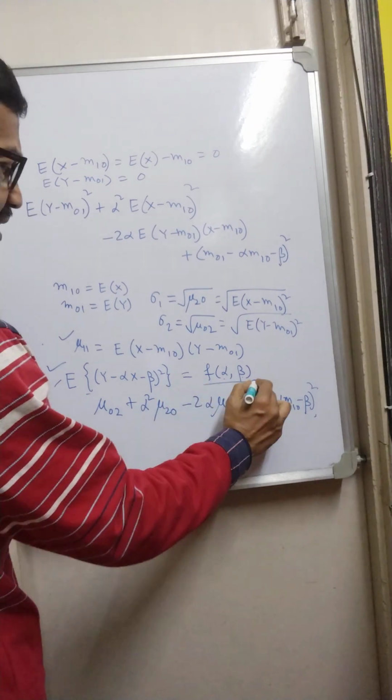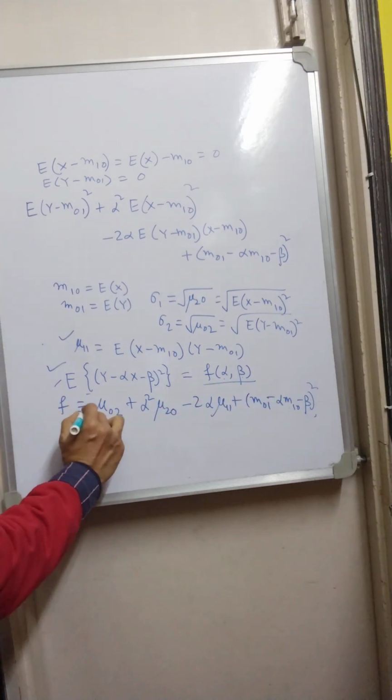So this is our f(alpha, beta). Accepted?